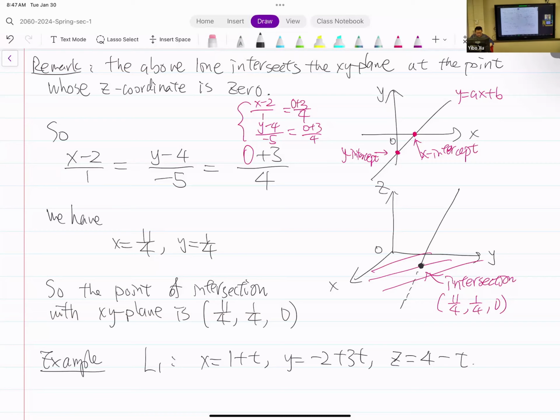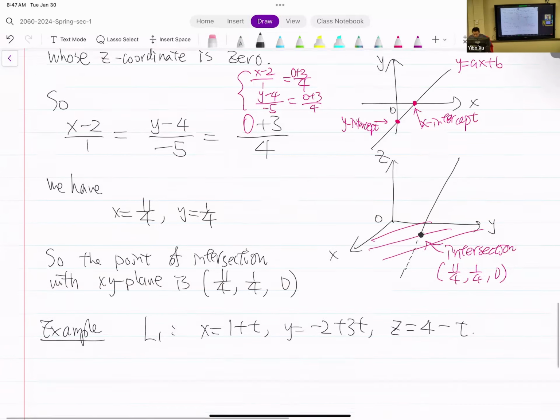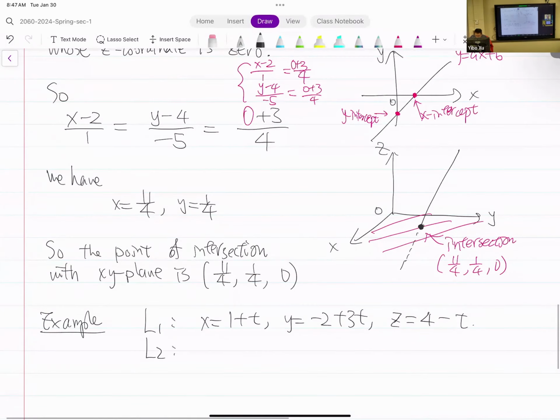And now we have another line. When you have another line, the parameter should be another parameter. So L2 is going to be x equal to 2s, y equals 3 plus s, and finally z is -3 plus 4s.